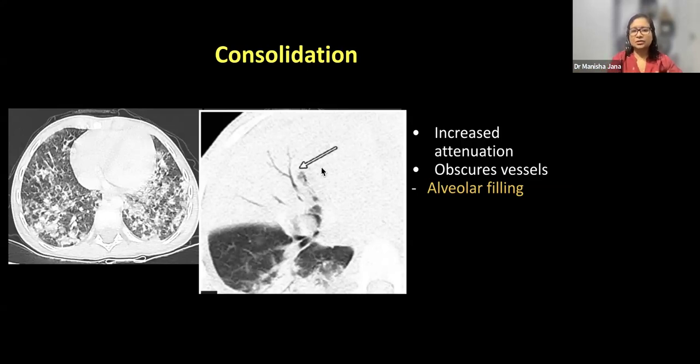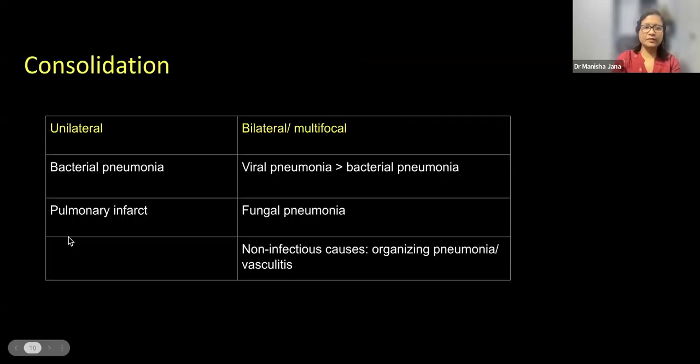There are other causes of consolidation as well. If there is a passive collapse, at the beginning it will look like this. If there is a pulmonary infarct, it will again look like this. When the consolidations are small, they can appear like this, with variable shape and outline, and the vessels are not recognized. Depending on whether it is unilateral, bilateral or multifocal, the causes of consolidation vary.